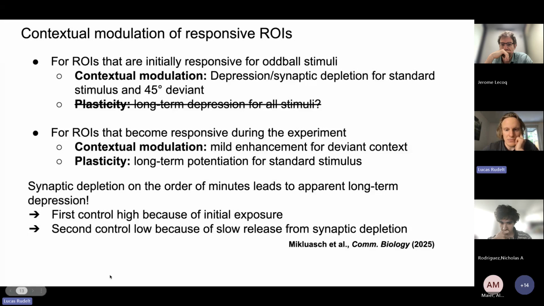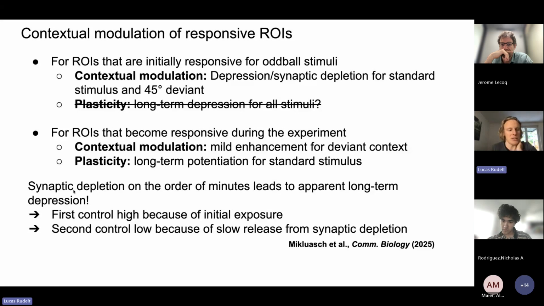So this is essentially the point I wanted to drive home, that there is probably synaptic depletion that leads to this transient dynamics. And we have to be careful to interpret the results. For example, this long-term depression is probably just an effect of this depletion.